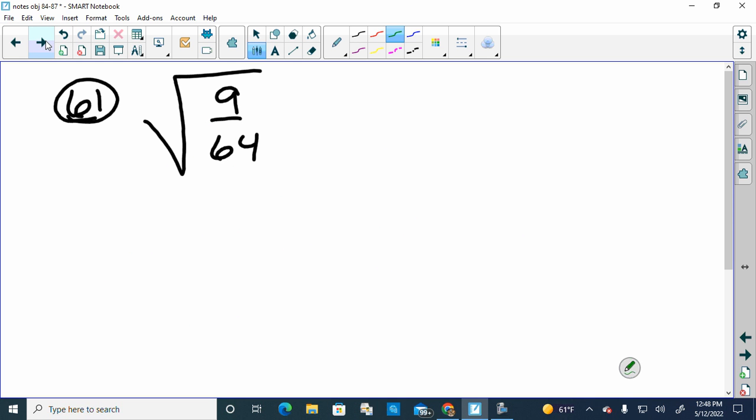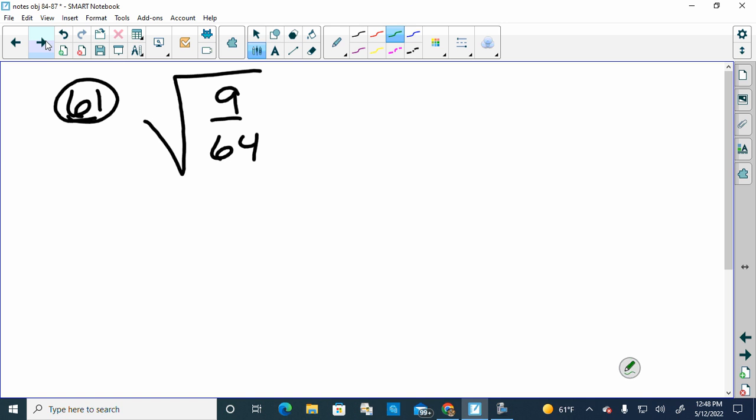Okay, 61. So this one, when you see it on the worksheet, they'll have a big fraction bar, or a big radical that's on both of them.